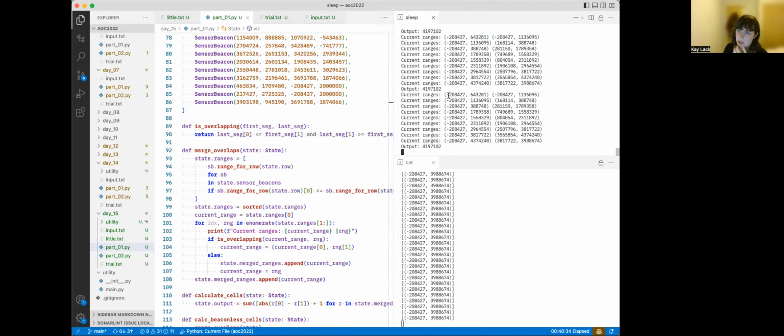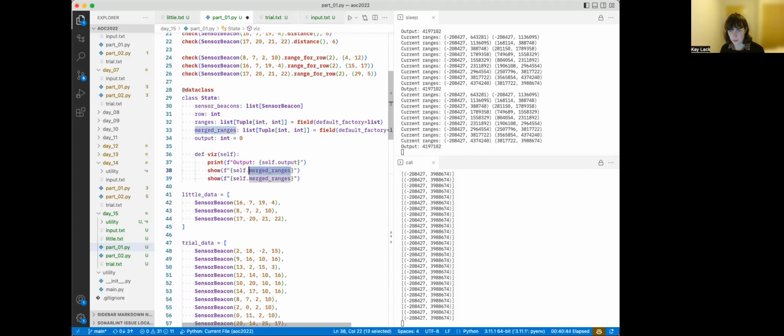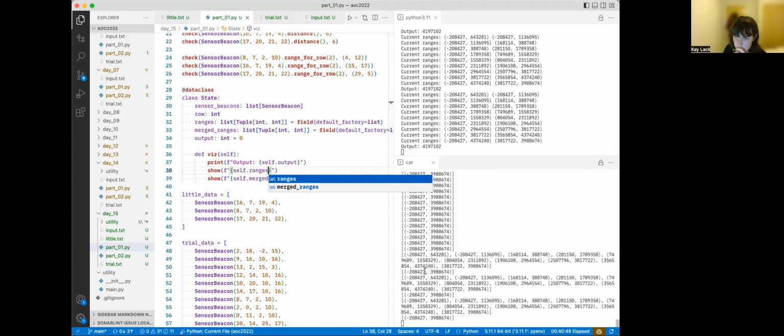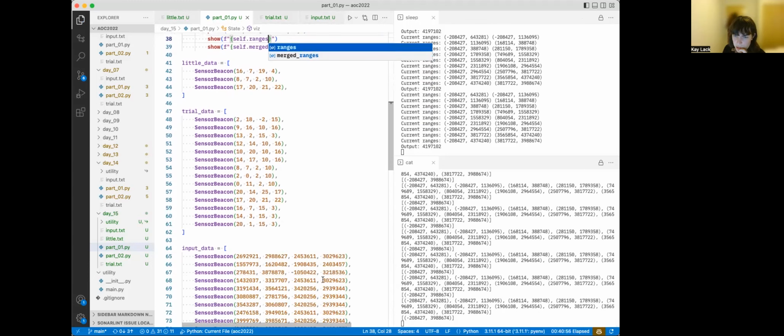And if this is the start range and this is the first one's range.